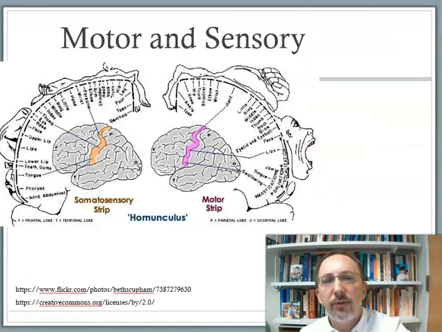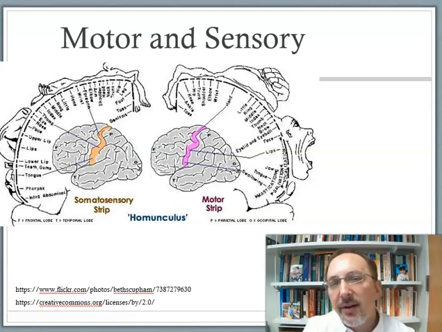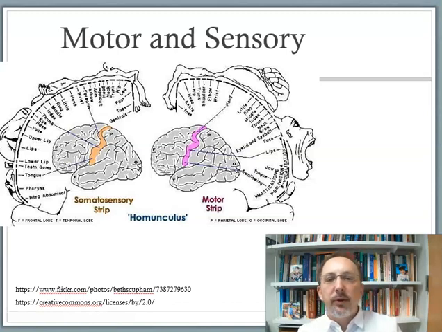Now, as we move forward, we are looking at what we call the homunculus. This is an old term. It basically means little man. And there are some old models from people like Wilder Penfield who argue that you can really see these enlarged areas in terms of function, right?